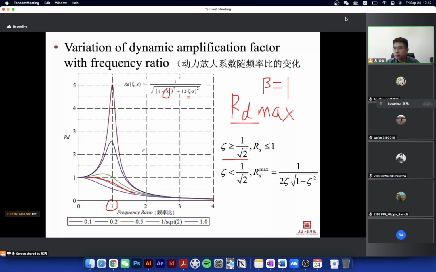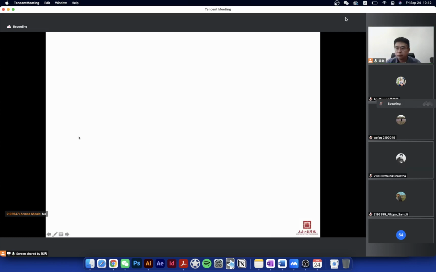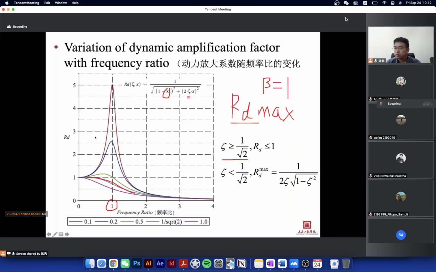Can I enlarge this curve? Sure. You can see, if you look clearly at this curve, the peak happens here, about here, and this point is less than 1.